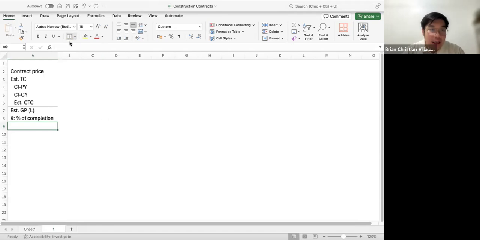Now, anong tawag natin after multiplying the estimated gross profit by the percentage of completion? That is what you call realized gross profit or loss to date. Oh, may to date na naman tayo. So, ibig sabihin nito, cumulative na naman siya. Di ba? Realized gross profit or loss to date or cumulative realized gross profit or loss. Okay?